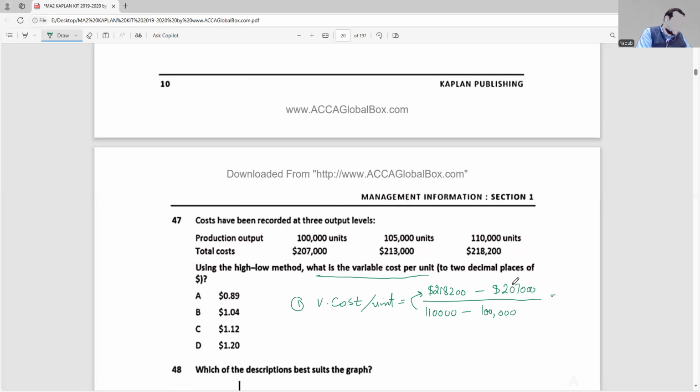So 218,200 minus 207,000 divided by 10,000. This is 1.12. So 1.12 is the right answer.